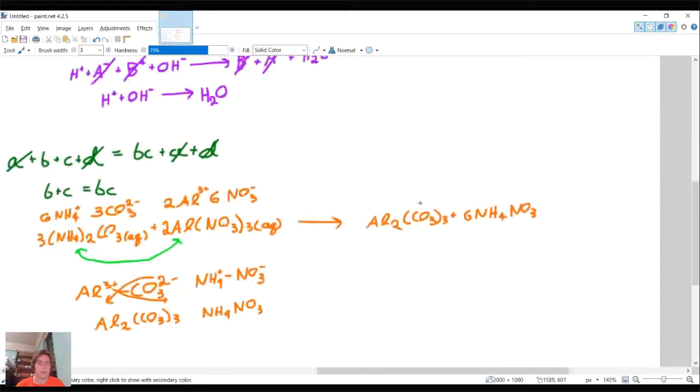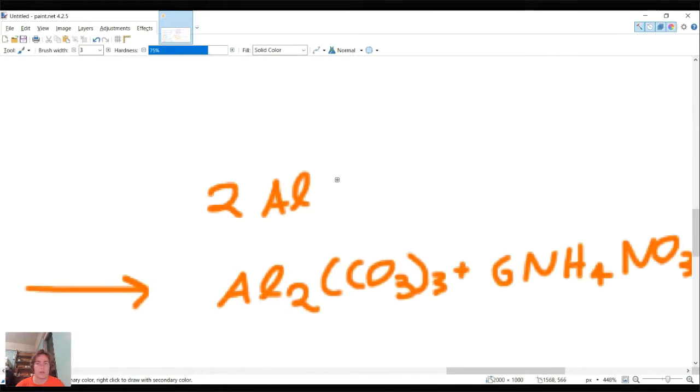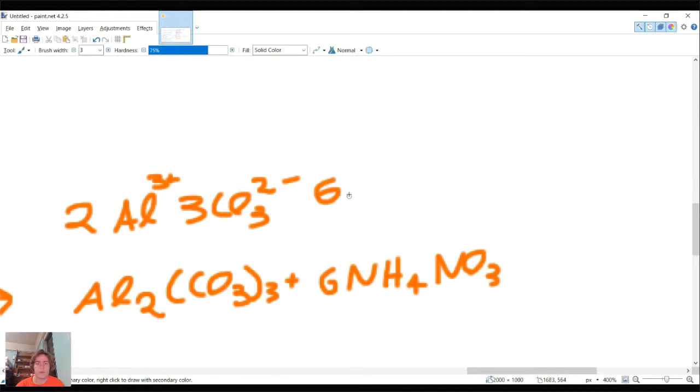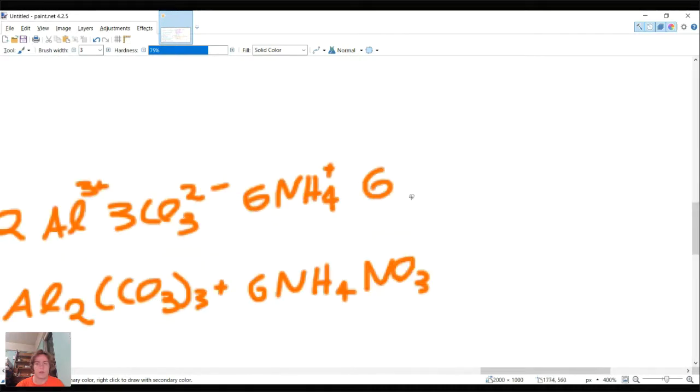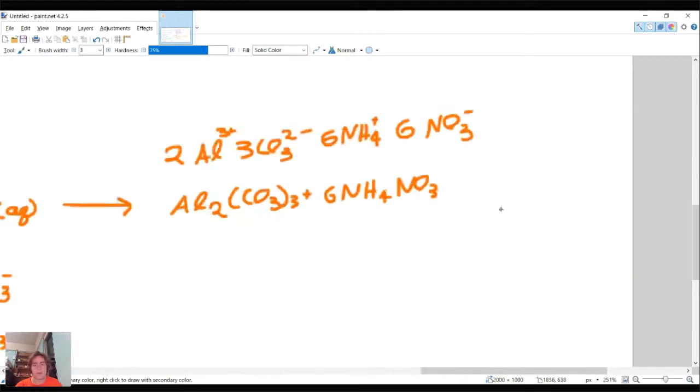And there's also 2 aluminums, 3 carbonates, 6 NH4s, and 6 nitrates. And it works out. There's 2 aluminums on each side, 3 carbonates on each side, 6 ammoniums on each side, and 6 nitrates on each side. So the balancing worked. So we have to now define states of matter for this.